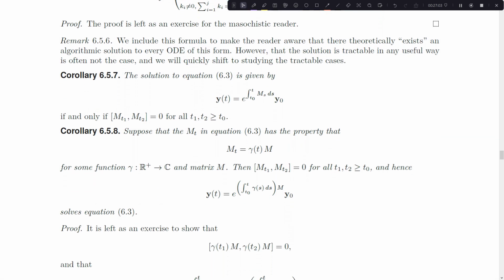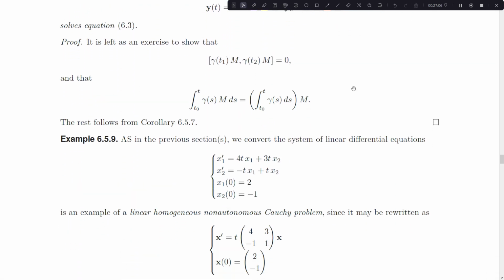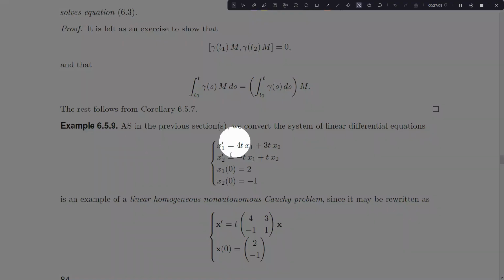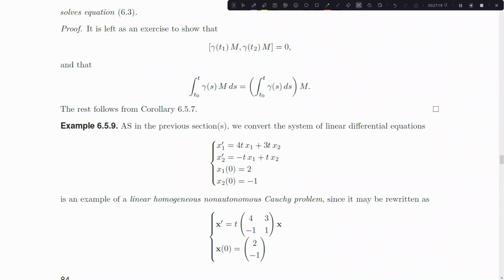Okay, so in this particular problem, this is a modification of our homogeneous autonomous system, and I've modified it by putting a t on every term. So now it's non-autonomous, since the linear terms depend on time.